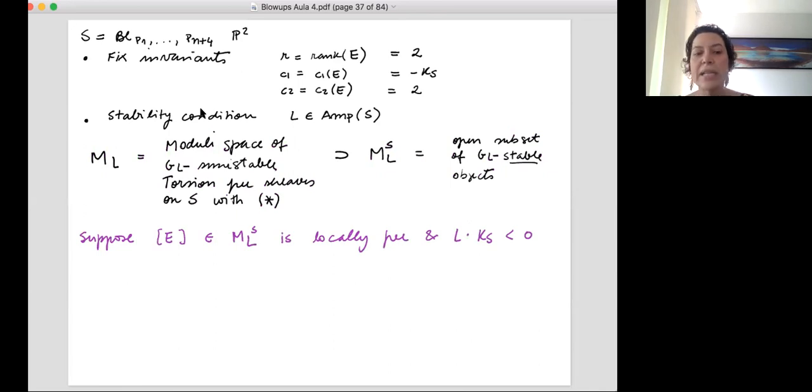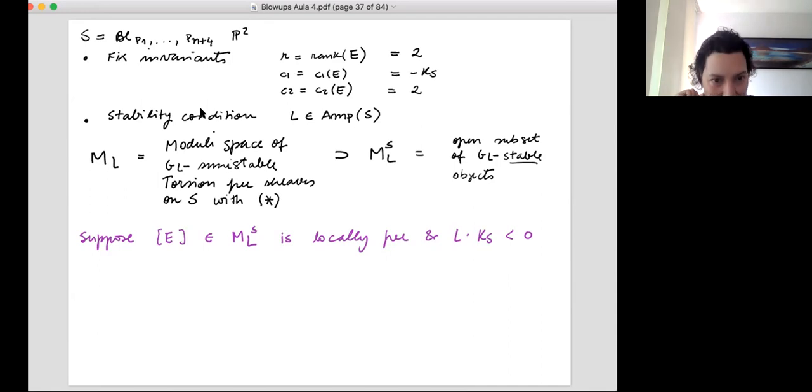In general, this moduli space will depend on the polarization. As we will see later, if you choose a certain polarization, this moduli space is going to be empty. But let's suppose that we have a non-empty moduli space, and an element in the open subset of stable elements.